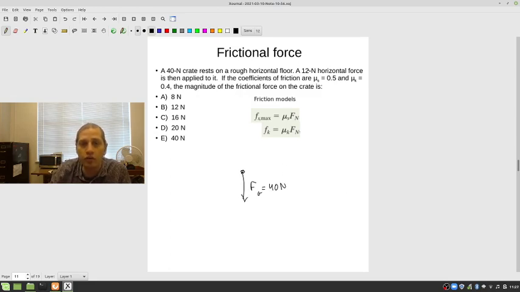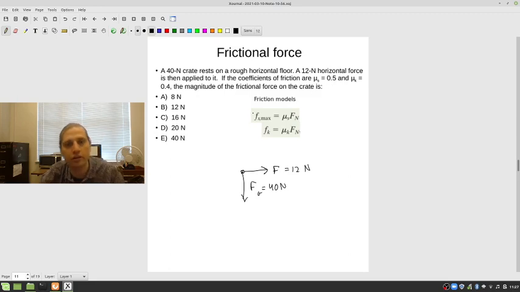A 12 newton horizontal force is then applied to it. If the coefficients of friction are this and that, the magnitude of the frictional force on the crate is.